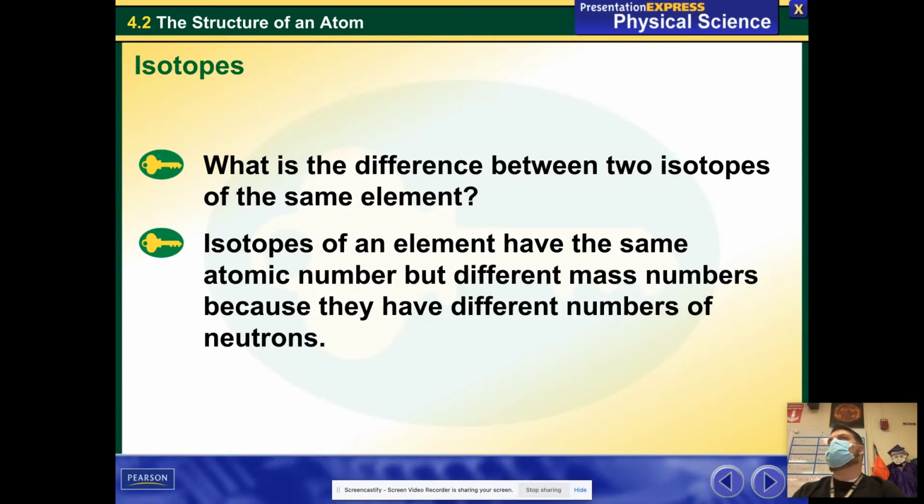They actually enrich it and add a couple neutrons to it. Adding the extra neutrons makes it not quite, I don't want to say unstable, but when the reaction takes place, more likely to split apart. So you'll see that in the news sometimes. Countries will be enriching uranium. By the way, it's the same type of uranium they use in a nuclear bomb. That's why everybody's so nervous about it.